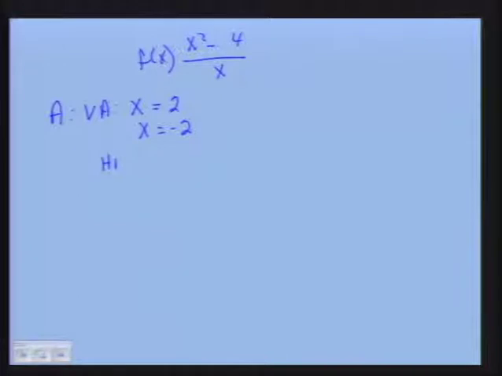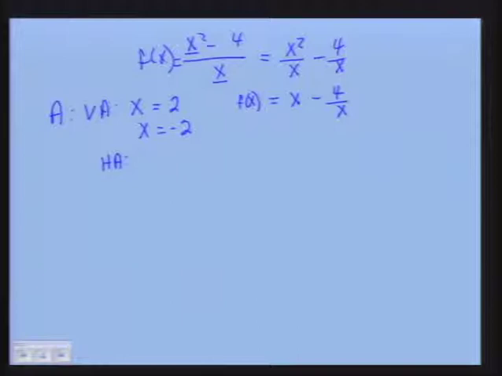Well, let's see if we have a horizontal asymptote. I divide lead term into lead term. Uh-oh, it doesn't go a constant number of times. So what does that tell me? Well, let's reduce this. I can reduce it easiest by saying x squared divided by x minus 4 over x, and I get x minus 4 divided by x.